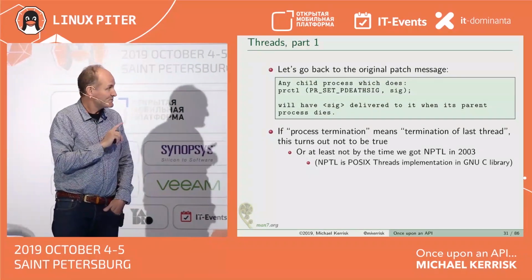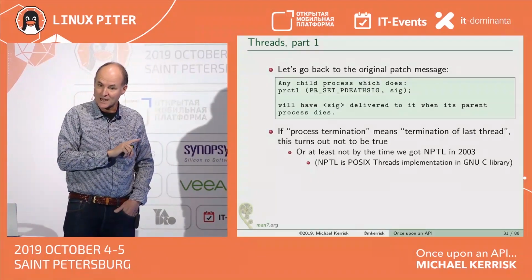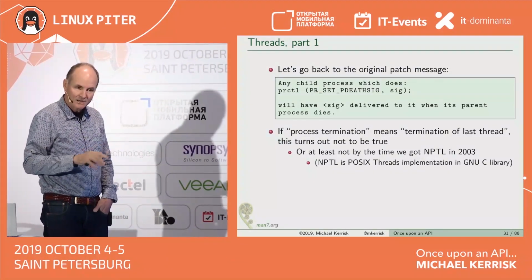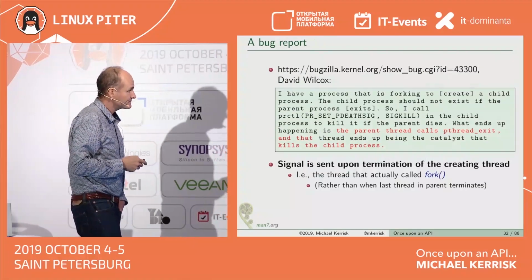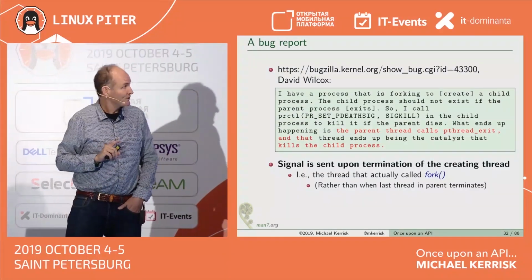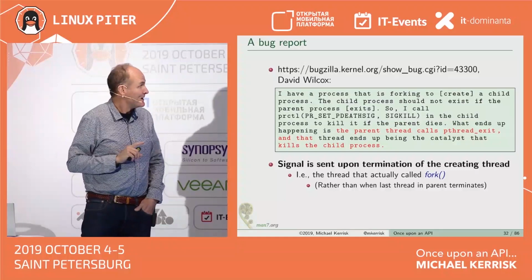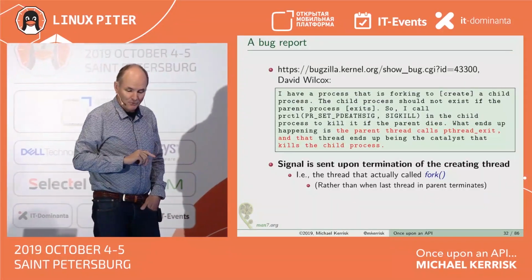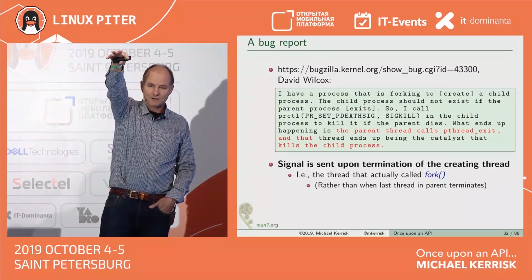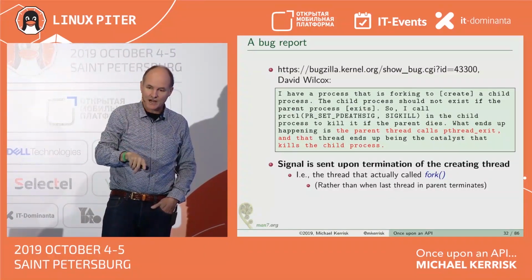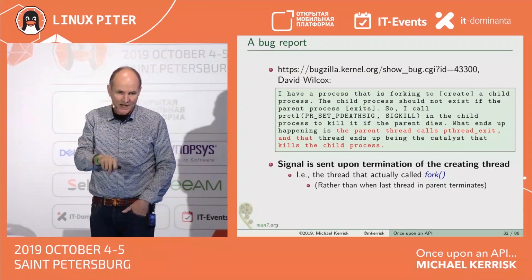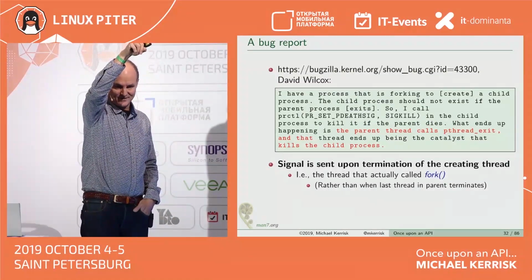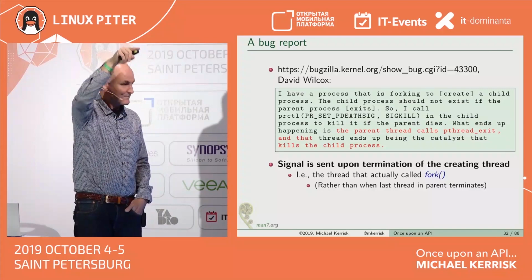That's the usual definition of process termination. But certainly this was not how things worked, at least not by the time we got the modern Linux threading implementation around about 2003. This is a bug report that someone made in the kernel Bugzilla, and the essence of the bug report is, I have a multi-threaded parent process. It created the child. I expected that child process to get a signal when the last thread in the parent process terminated.